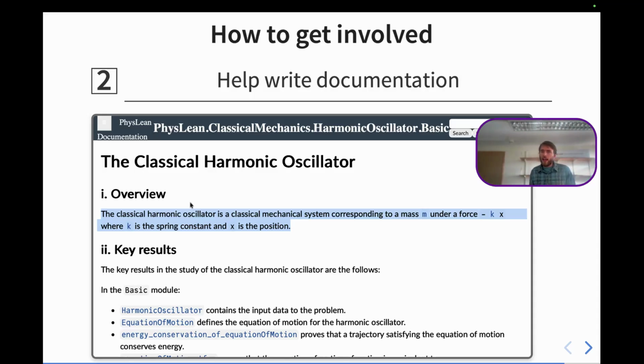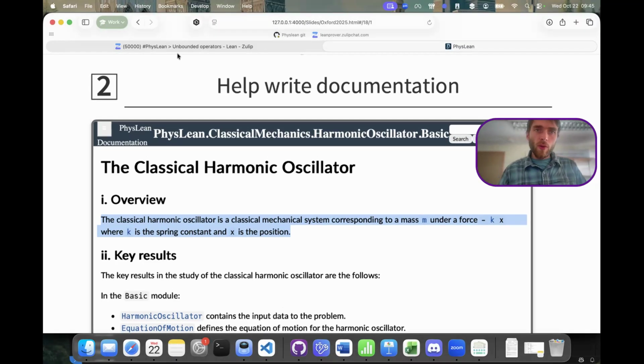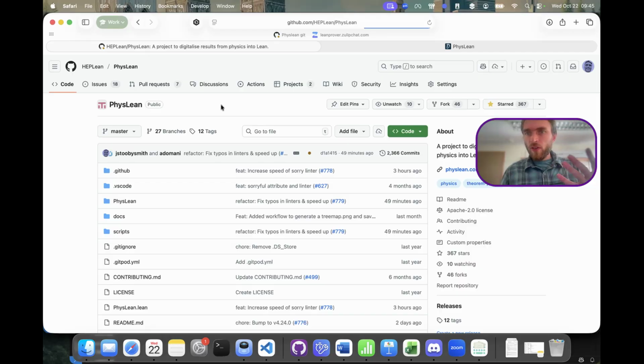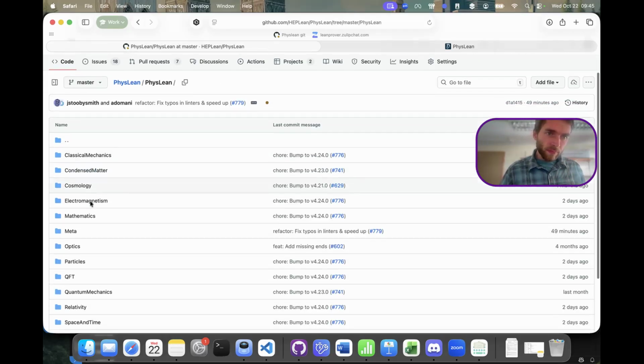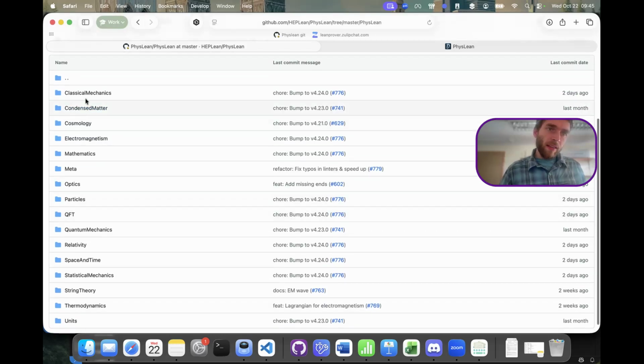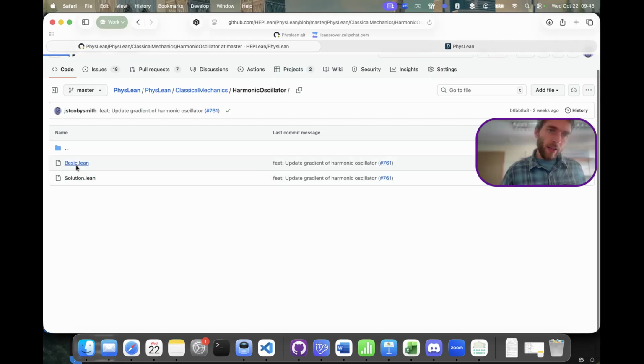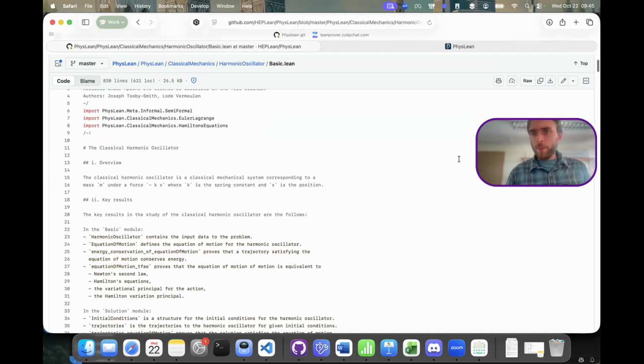This could be improved, and you can come over to the PhysLean project on GitHub. You can do what's called fork the project. You can come over to the corresponding file, which would be like classical mechanics, harmonic oscillator, and you could either fork the repository and make a pull request, which requires a bit of GitHub knowledge, or you could just make a comment on the discussion forum saying this definition could be improved, or this docstring could be improved to this.